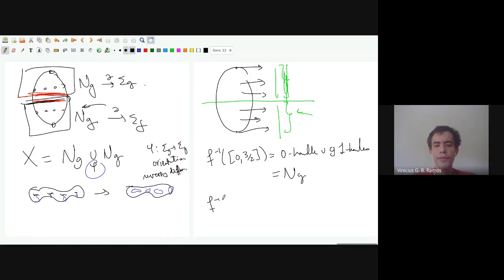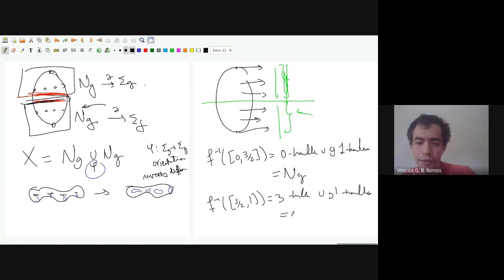And we also know that the pre-image from 3/2 to 1 is also a 0 handle. No, it's a 3 handle union g 1 handles. But as I told you, if you just flip the manifold upside down, you can think of it as exactly g handles attached to a 0 handle. So this is also an NG, diffeomorphic to NG.